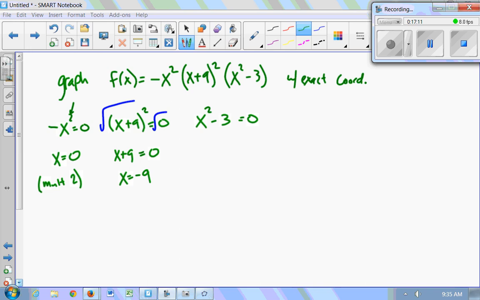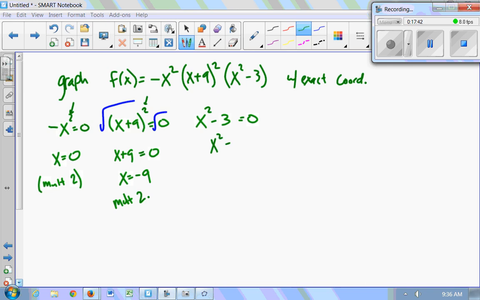There's no other number that I can plug in for x that will make that equal to 0. Negative 9 plus 9 is 0. When you square that, you get 0. The only number that when you square and get an answer of 0 is 0. So x equals 9. And this is multiplicity 1 or 2? Yeah, multiplicity 2 because of the squared.